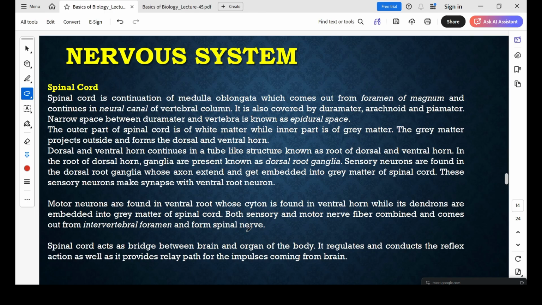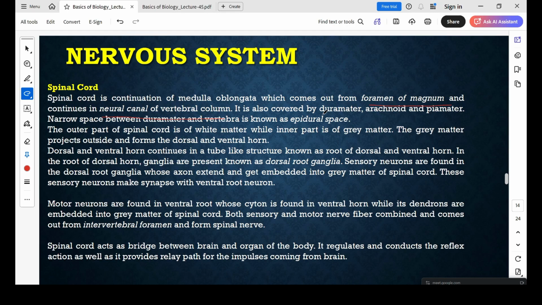The spinal cord is, as I said, connected to the brain via the medulla oblongata, which comes out of the foramen magnum, which is the sort of gap in the skull where the medulla oblongata connects to the spinal cord and continues into the neural canal of the vertebral column.